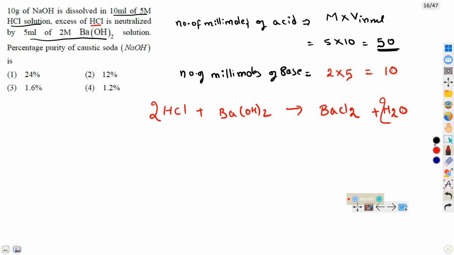Now according to this equation, 1 mole of Ba(OH)2 reacts with 2 moles of HCl.